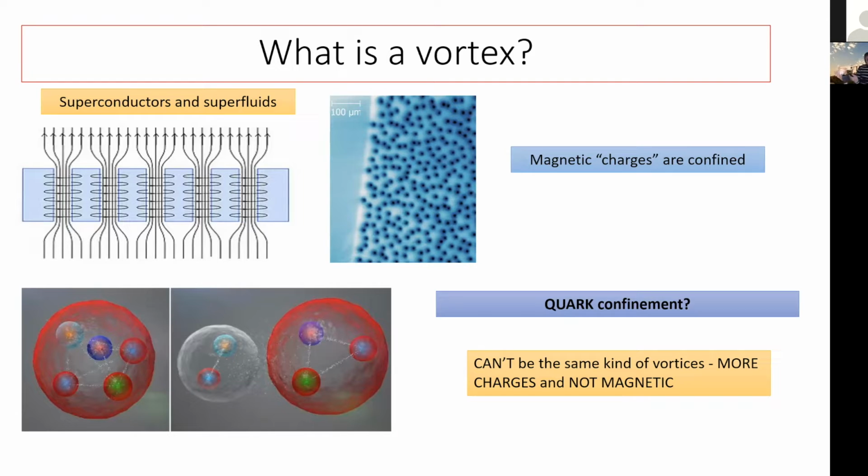Of course, these vortices cannot be the same as the superconducting vortices, because, firstly, they confine magnetic charges, and quarks are electric charges, not magnetic. And secondly, quarks carry additional charges, which are color charges. So the vortex that should form in between should somehow also have color flux, or should know about these color charges, which is where non-abelian vortices have emerged.